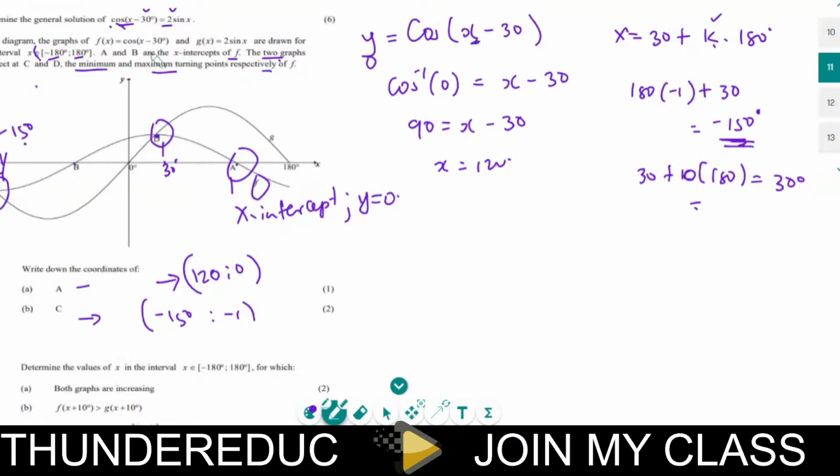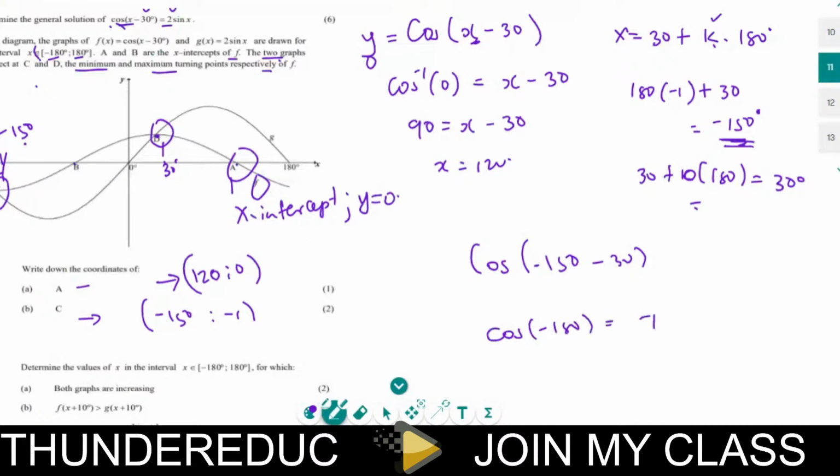You can put it here so that you have the cos of −150 − 30, which will give you the cos of −180. Cos of −180 will give you the −1 there.